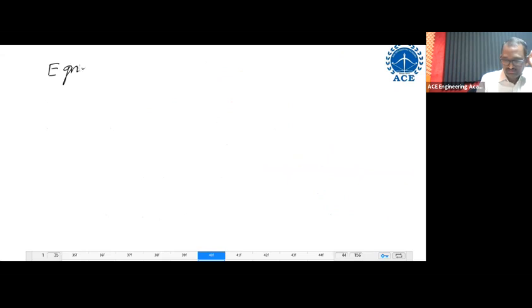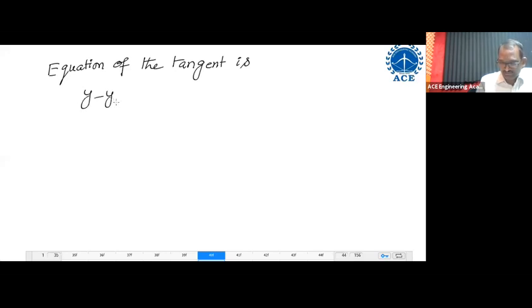The equation of the tangent is given by the formula y minus y naught is equal to m into x minus x naught.